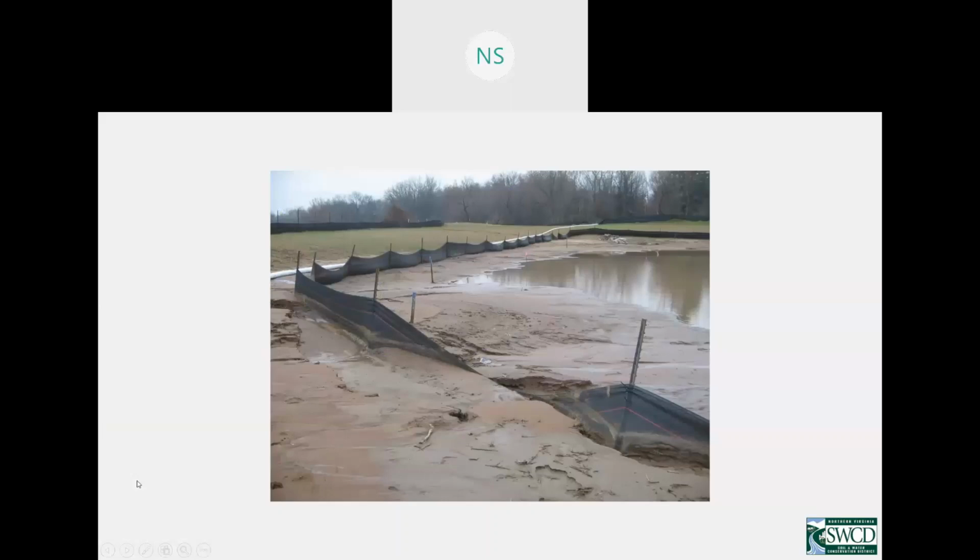Is this one a pollution problem? That one should be very obvious. This is a very big pollution problem. So this pollution problem is soil. That black fence that's going around the edge is called a silt fence. And a silt fence is required for many, if not all, I believe, construction projects.